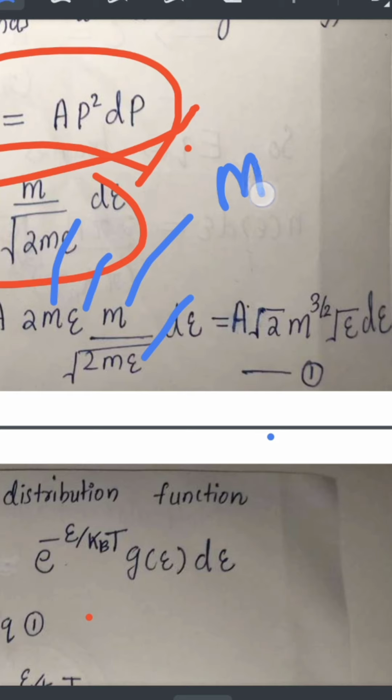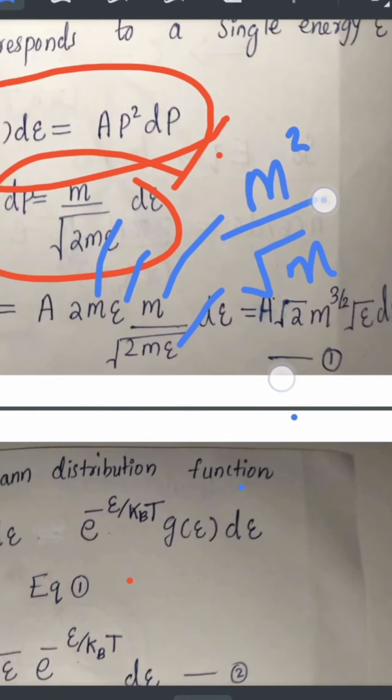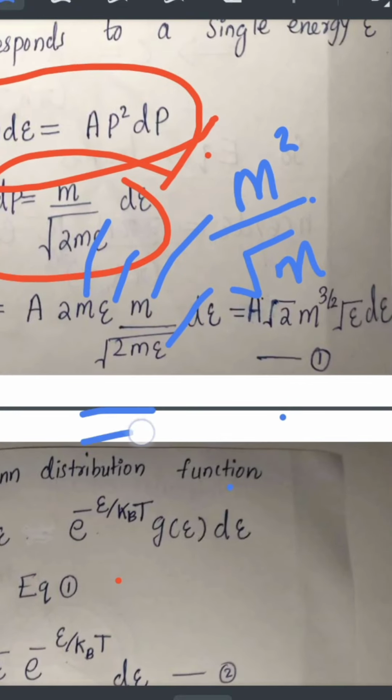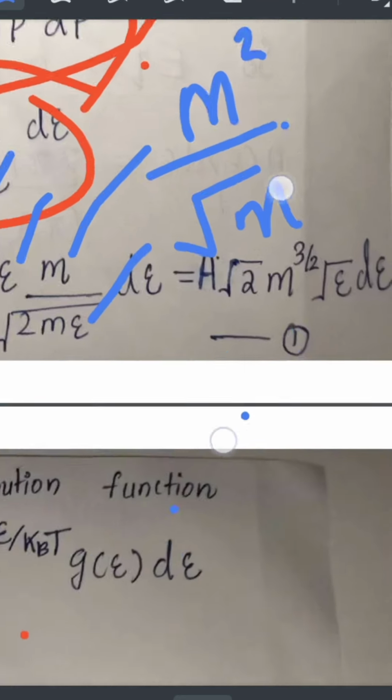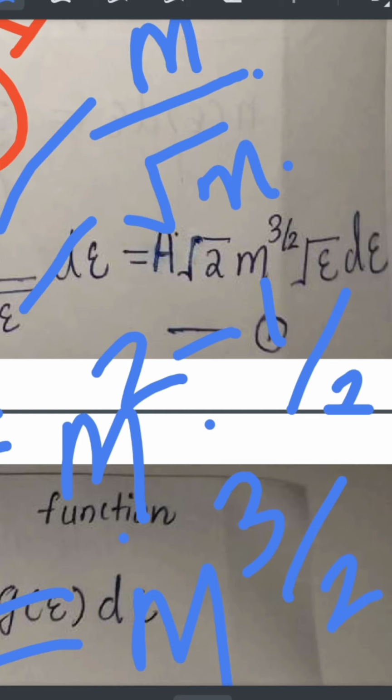So m square upon root m, which is m square upon root m, is equal to m to the power 2 minus 1 by 2, that is equal to m to the power 3 over 2 in the numerator.